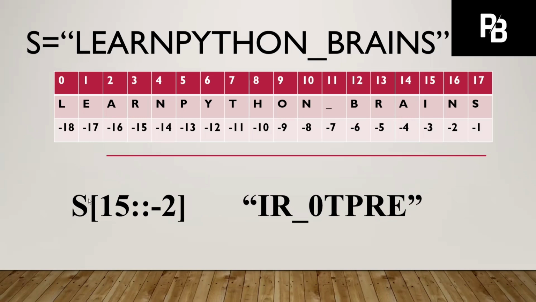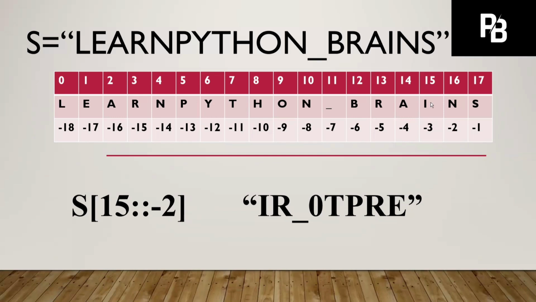Next we have one more example for you students. Starting value is 15, ending value is not there. That means 15 to the length of the string, but the step is minus 2. Minus 2 means negative indexing. Negative indexing means we move in the backward direction. So 15 to backward direction.